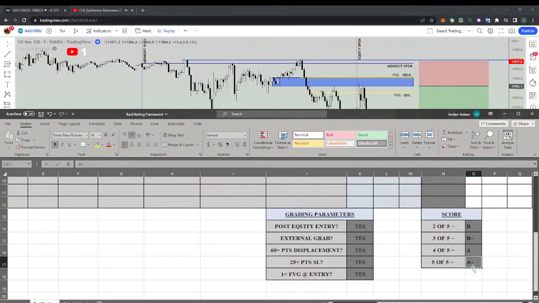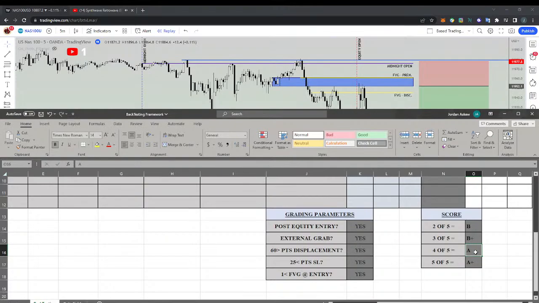For position sizing, for a B, you want to risk anywhere from 0.5% to 1%. B+, you can get away with 1 to 1.5%. An A setup, you'll want to be doing 2 to 2.5%.